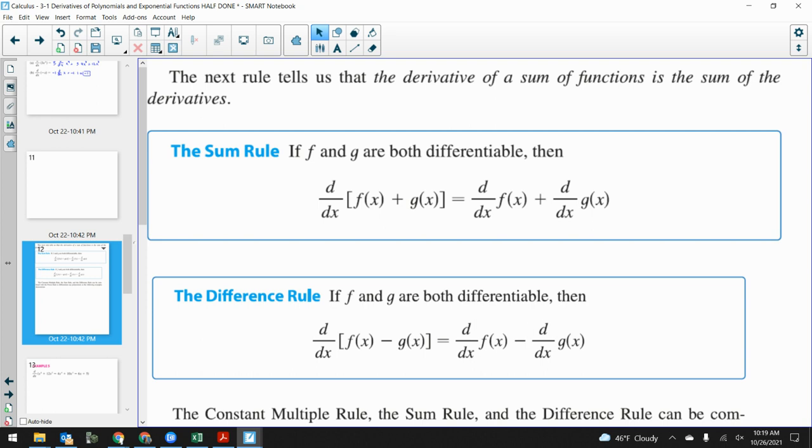And the same thing applies to not only sums, but differences as well. The negative doesn't really affect anything. As long as f and g are both differentiable, then you can find the derivative of the sum by finding the derivative of the parts of the sum. Same thing with difference.